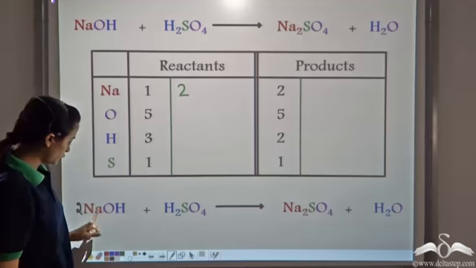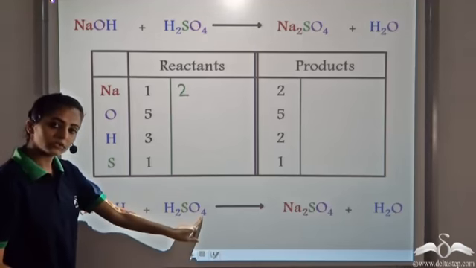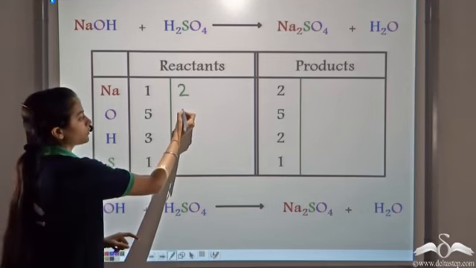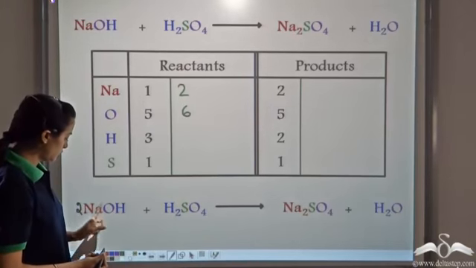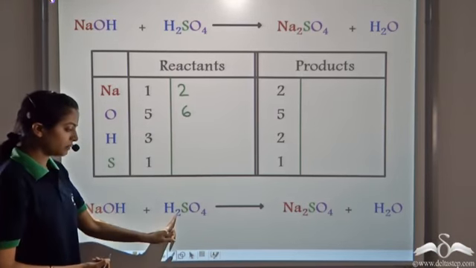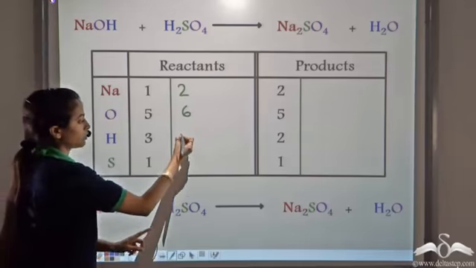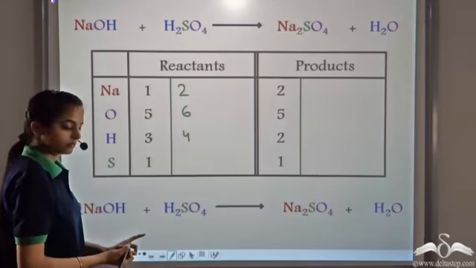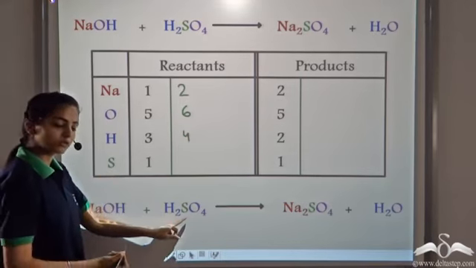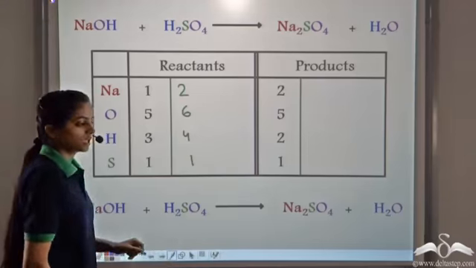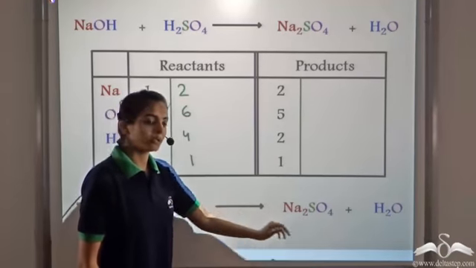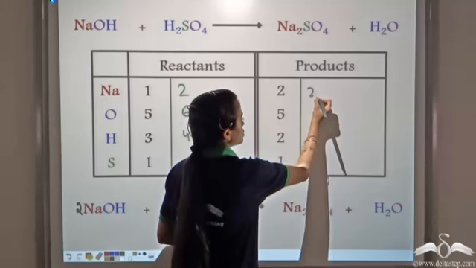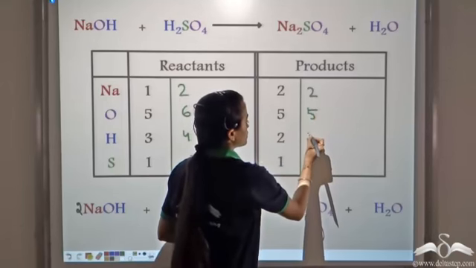We have 2 into 1, 2, plus 4, 6 atoms of oxygen. We have 2 into 1, plus 2, 4 atoms of hydrogen. And we have 1 atom of sulfur. We have not made any change on the product side, so the number of atoms remains the same, which is 2, 5, 2, 1.